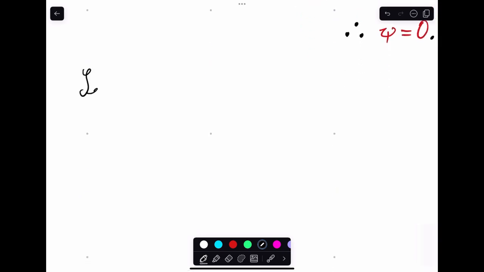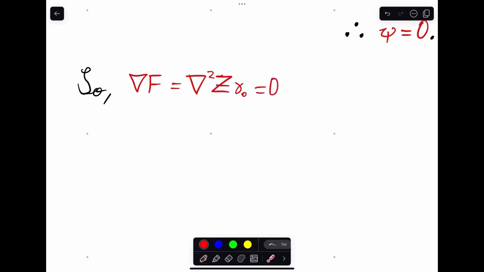I'm going to write a better S. So you end up with the gradient of F being equal to the Laplacian of capital Z gamma naught, which is equal to 0. But gamma naught isn't going to actually impact the dynamics of this Z. This will not impact the dynamics of the bivector.